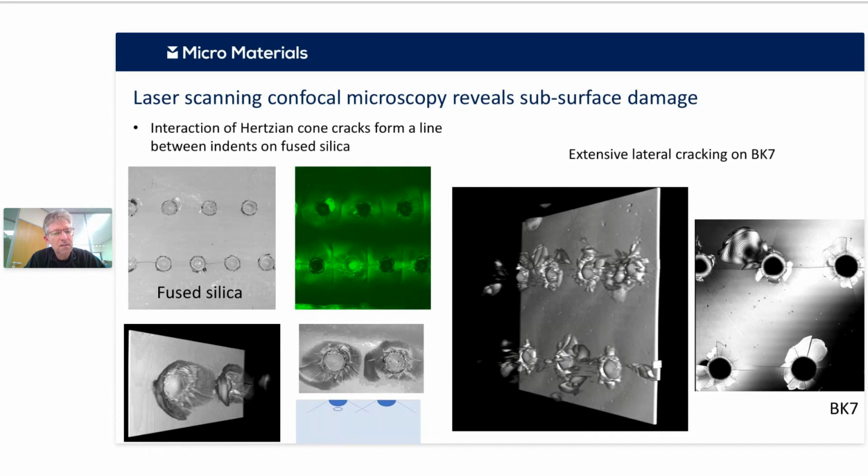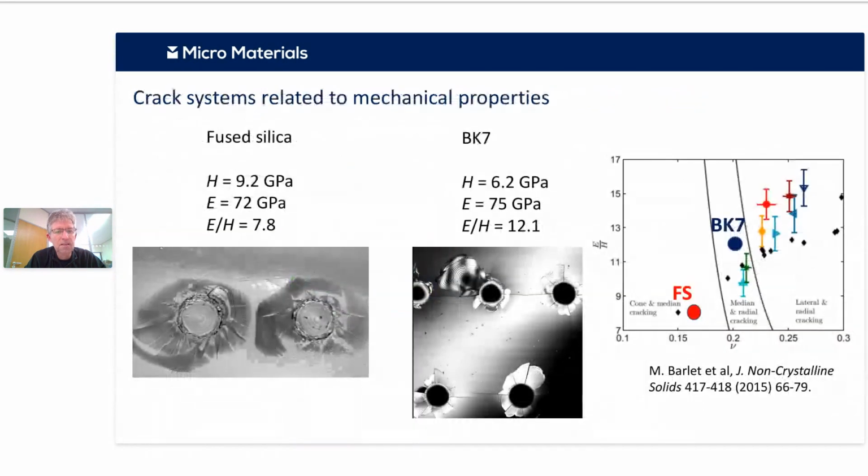The interaction of the Hertzian cone cracks creates something looking almost like a subsurface straight line. If you look on the right, you get a very different crack pattern on the BK7, with a much more radial-lateral system and a completely different subsurface crack pattern. This is the sort of thing that explains these differences in erosion.